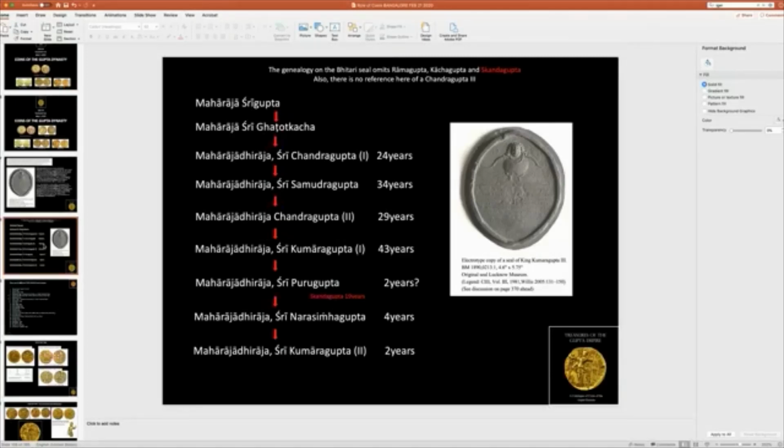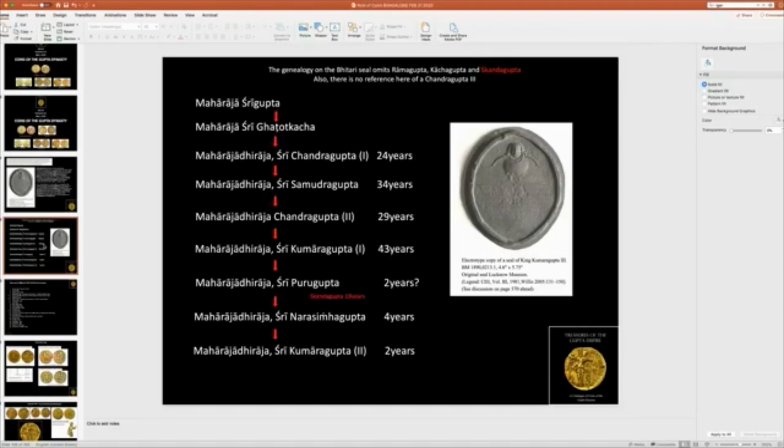But he was eliminated from this royal genealogy. Why? So that's a question that comes up. Now, we hardly find any reference to Purugupta, who was a son of Kumaragupta I and lasted maybe only 2 to 3 years, because most probably Skandagupta took the reign and he did not get a chance to rule.